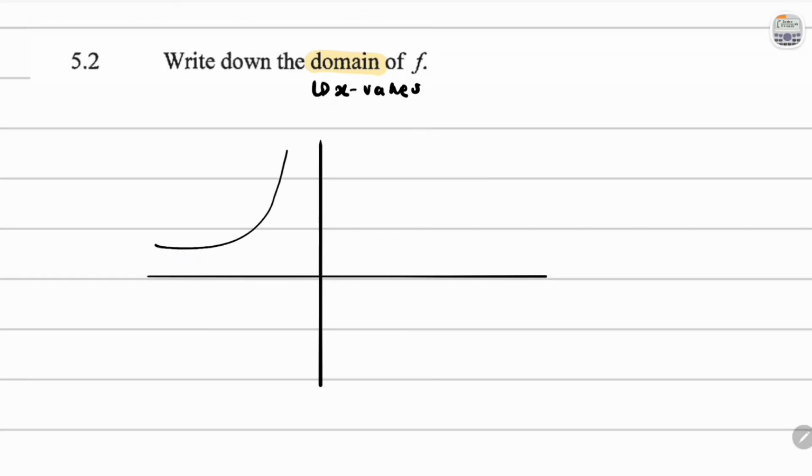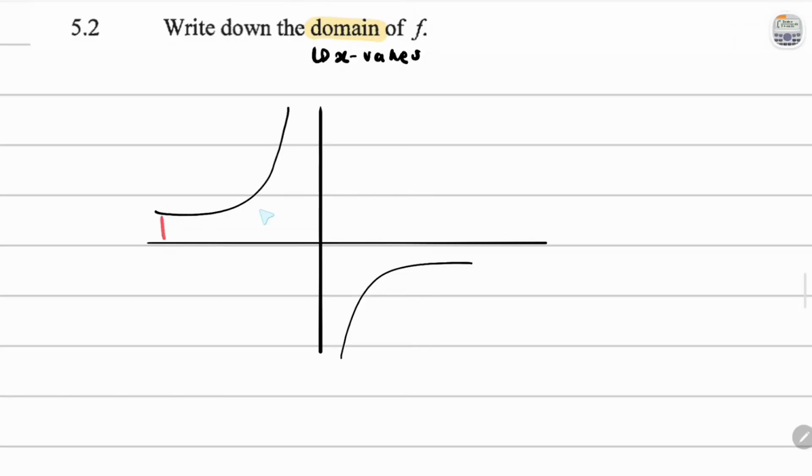It would lie in the second and the fourth quadrant. Looking at where it has x values, this is a point over here, it has an x value over here. This is a point over here, it has an x value here. It will have x values for almost every single x value, except for one particular x value, and that is the x value of the asymptote.